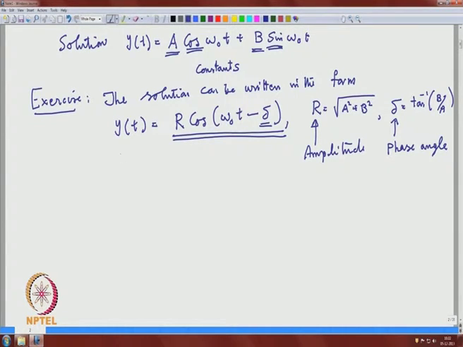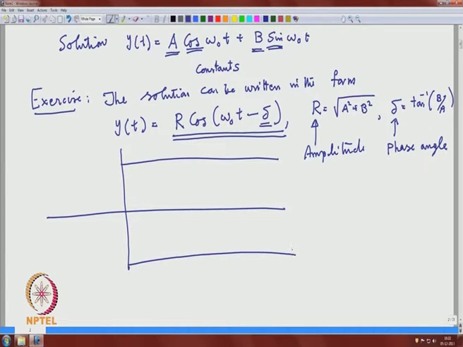If you plot this curve y(t), it will oscillate. If you mark -r and plus r here, it may start somewhere, and that is what the phase shows; it may not start at 1 or something. So, you will have a phase angle.